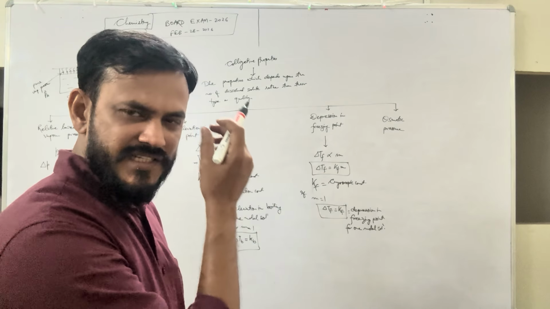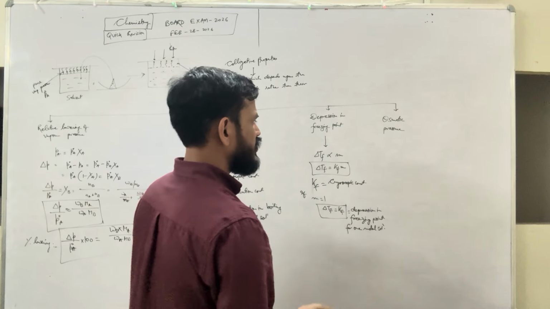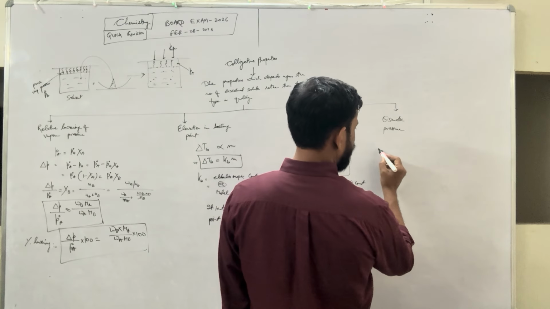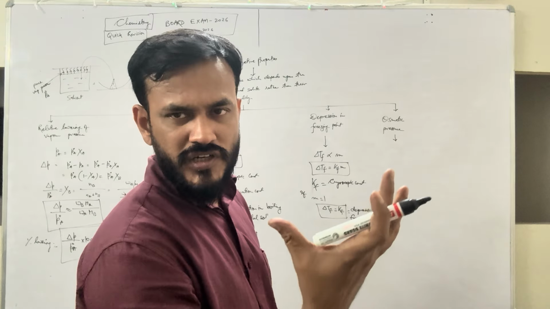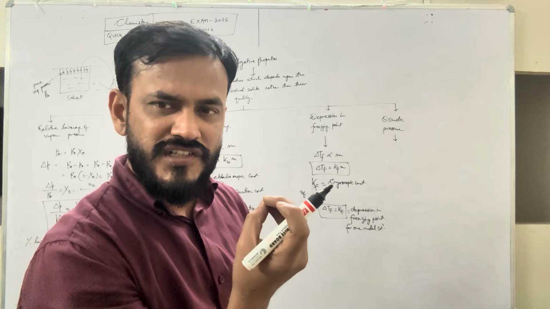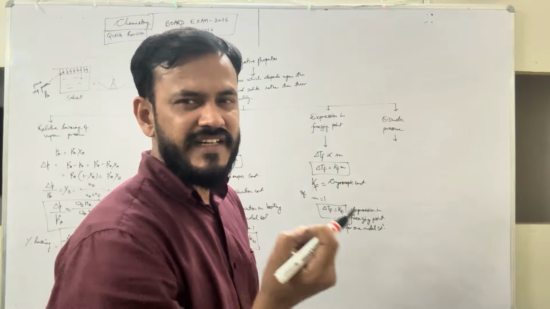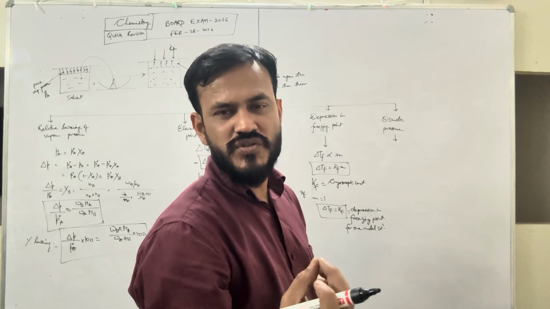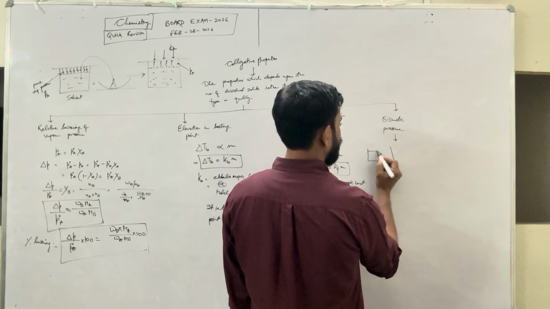Now let us come to the last colligative property, which is osmotic pressure. Osmosis is a phenomenon when fluid flows from higher concentration of solvent to lower concentration of solvent. A general example is soaking raisins in water.